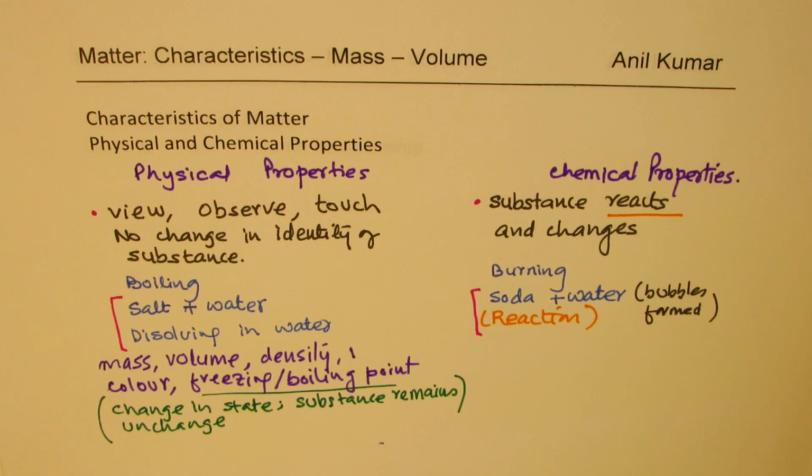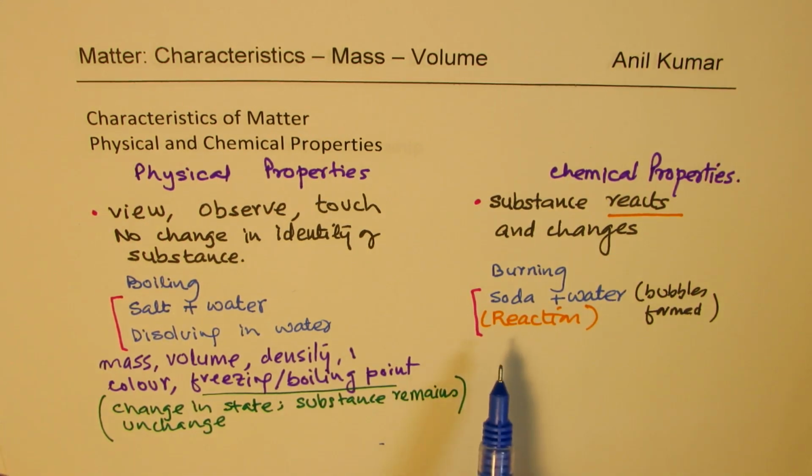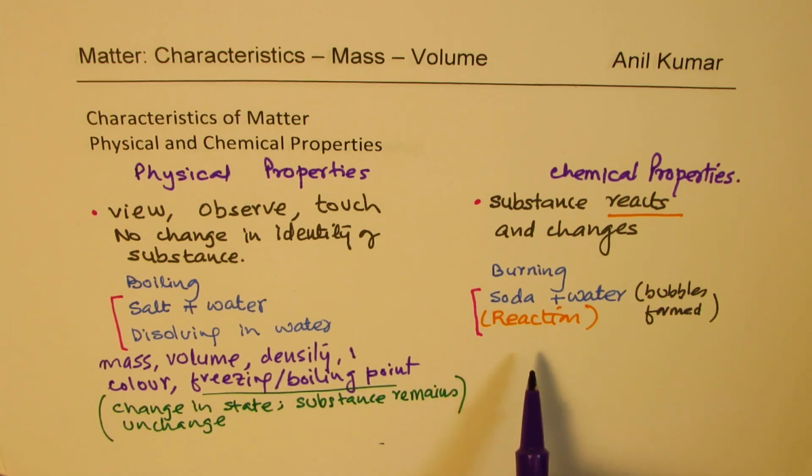On the other hand, the chemical property could be burning. So it's the temperature at which it burns, right? Flash point, for example, could be a chemical property. You get the idea, right?